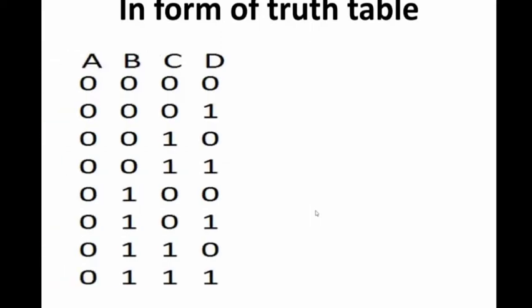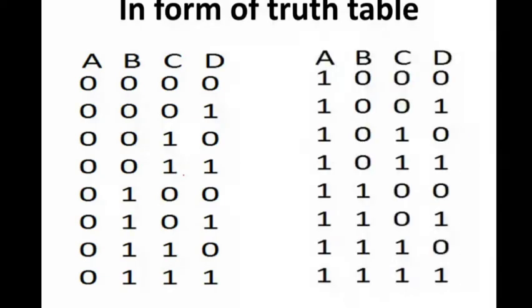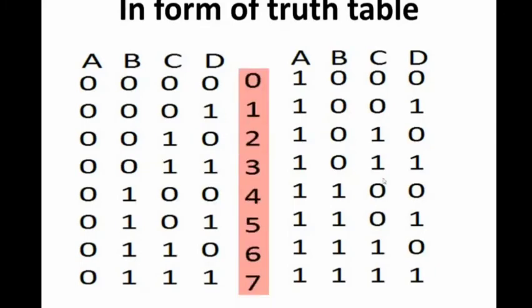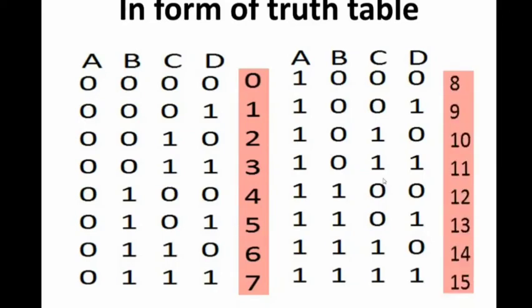Now we want to write this in terms of a truth table. Now we have A, B, C, D, the values, and these A, B, C, D have all the combinations. The values of these are written as 0, 1, 2, 3, 4, 5, 6, 7, and the next ones will be 8, 9, 10, 11, 12, 13, 14, and 15.